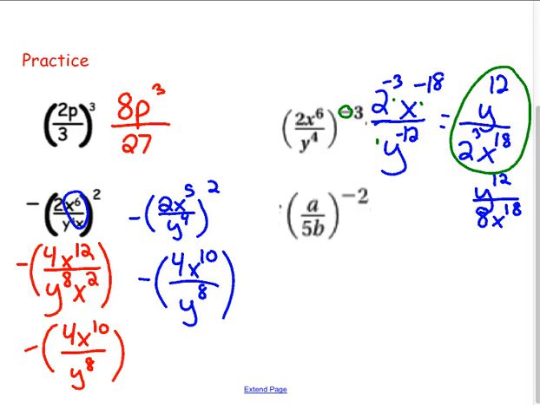So you can apply that negative exponent throughout, but there actually is another way to think about this, okay? That negative exponent, if you have a negative exponent applying to a fraction, okay, what it's doing is it's going to end up flipping that entire fraction.